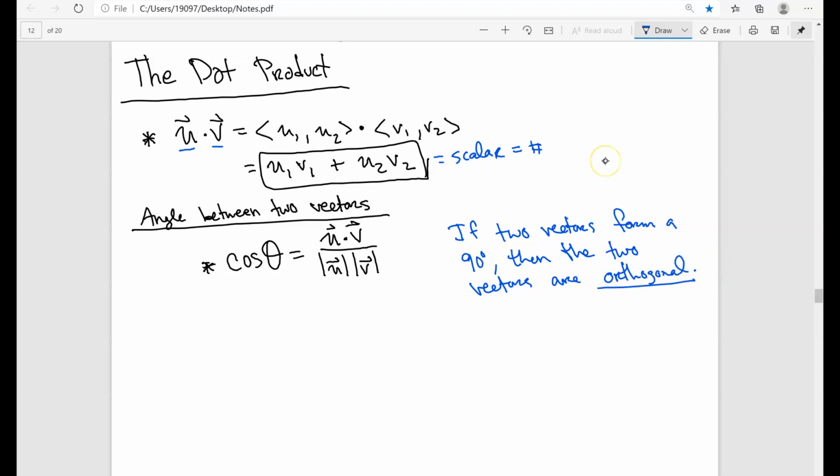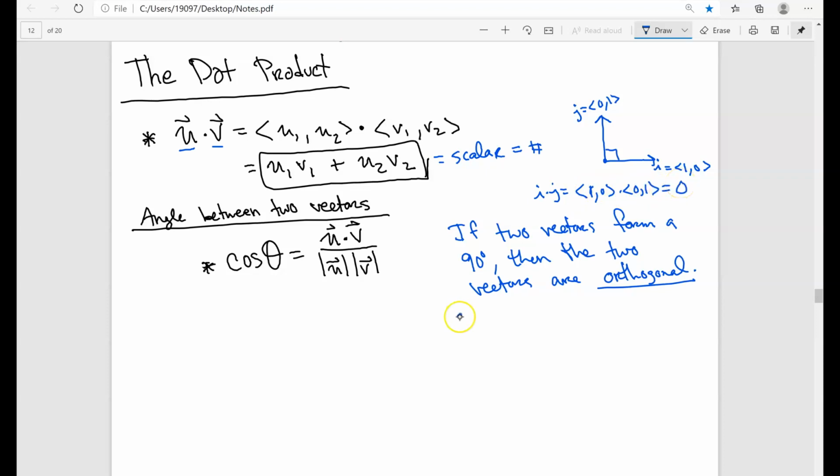So if I have a vector going this way and a vector going this way, forming a 90-degree angle, they're orthogonal. Vectors you can think of that are orthogonal are i and j. i has 1, 0 and j has 0, 1, and you can see that they form a 90-degree angle. If I take the dot product of i and j, 1, 0 dotted with 0, 1, you'll see that this equals 0.